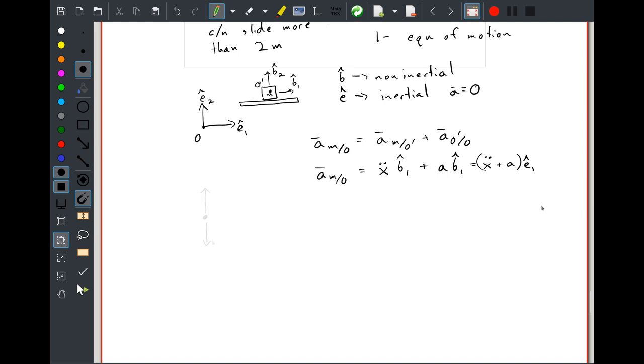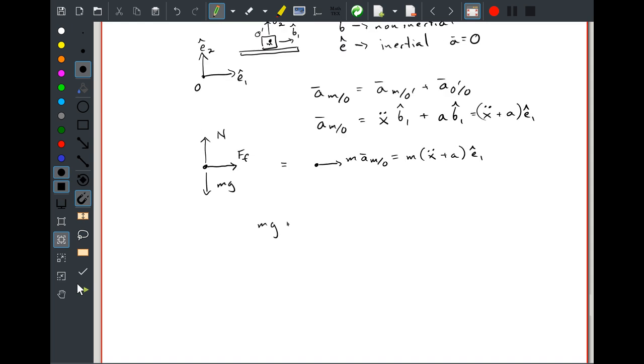Now drawing our free body diagram, we have the weight of the object, we have a normal force. Our friction is actually pointing this way, this force of friction, and that's equal to our kinetic diagram of M times A M slash O, or M times x double dot plus A in that E1 direction.